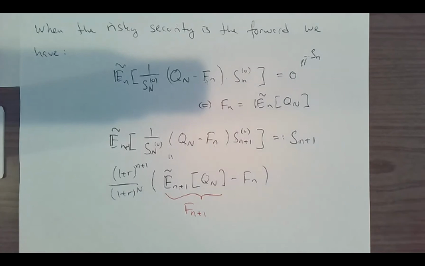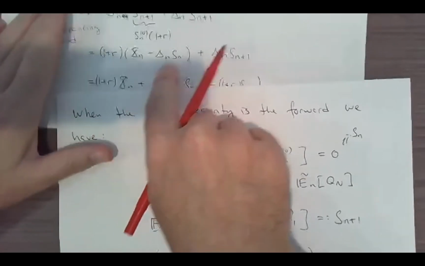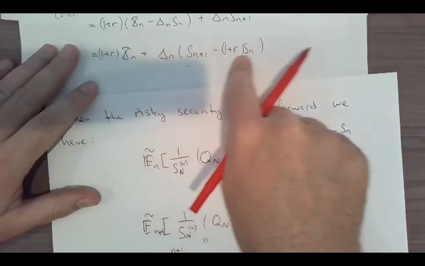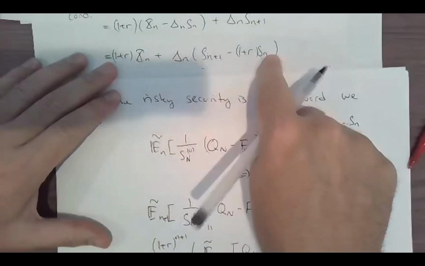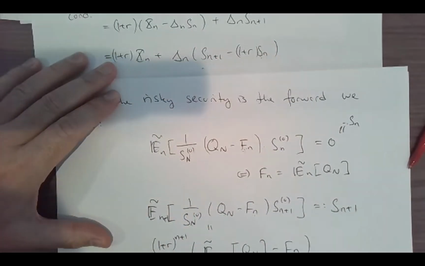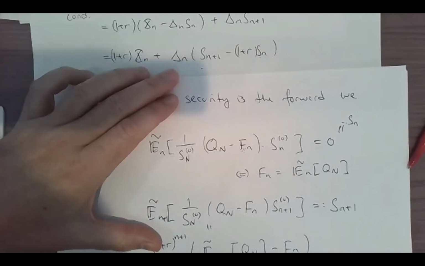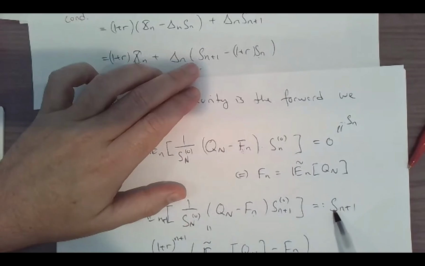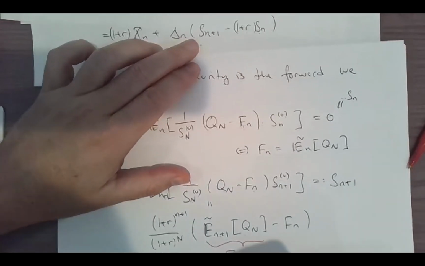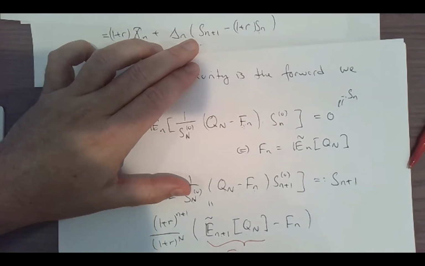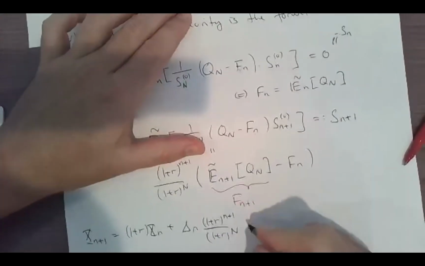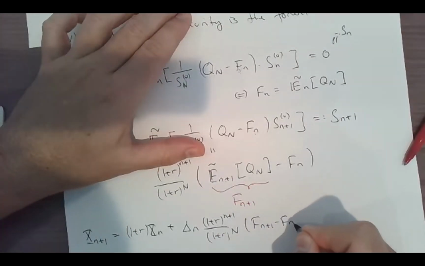So long story short, in this setting here, my wealth at time n plus 1 is this mass I have, 1 plus r xn and so on. Let's plug it in. So my wealth at time n plus 1 is going to be that mass we have over here, 1 plus r xn plus delta n times 1 plus r to the n plus 1 divided by 1 plus r to the nth, and then times the increment in the forward prices, Fn plus 1 minus Fn.